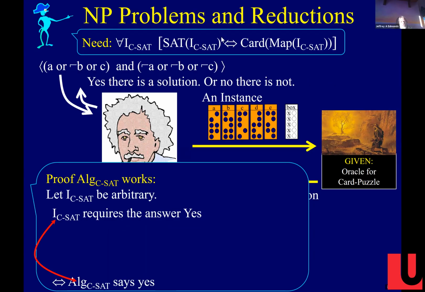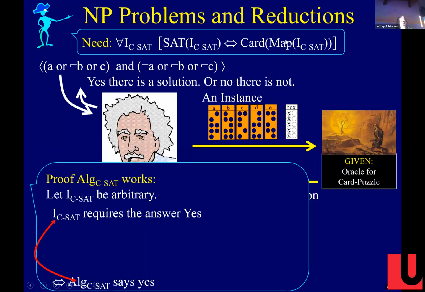You can imagine I could do a reduction where I take my bunch of clauses and map them to some really silly set of cards that are always satisfiable, with no holes whatsoever. Now, did I prove anything? Clearly not. I didn't do anything smart, but the cards would be satisfiable because I always give satisfiable cards.